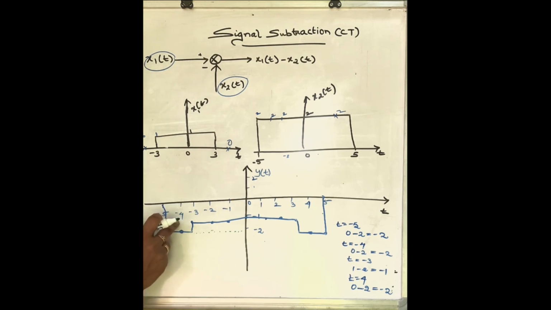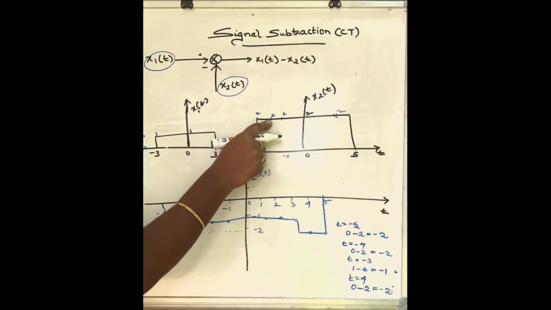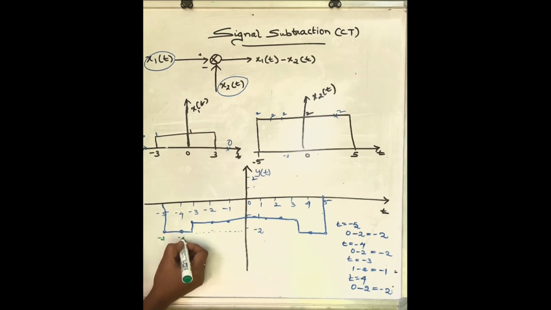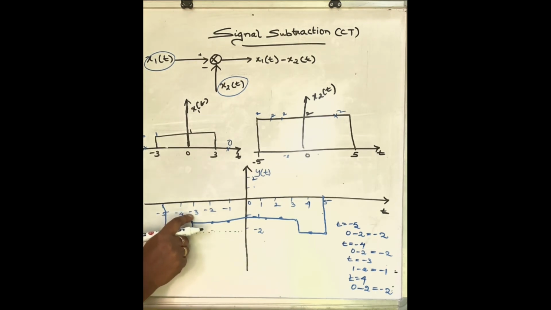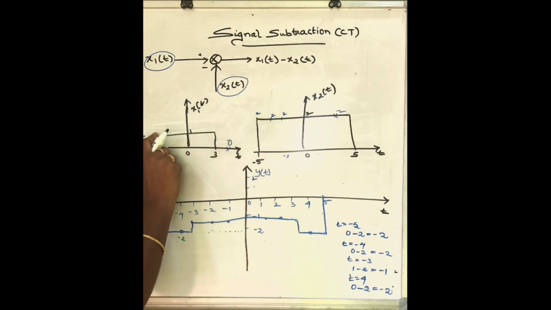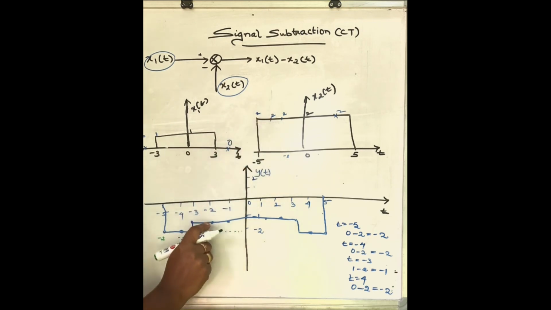When t is equal to minus 4, the amplitude is 0, whereas here the amplitude is 2. So again 0 minus 2 will give you another minus 2. When t is equal to minus 3, the amplitude is 1, whereas here the amplitude is again 2. So 1 minus 2 will give you minus 1. And this goes on for the rest of the sum.